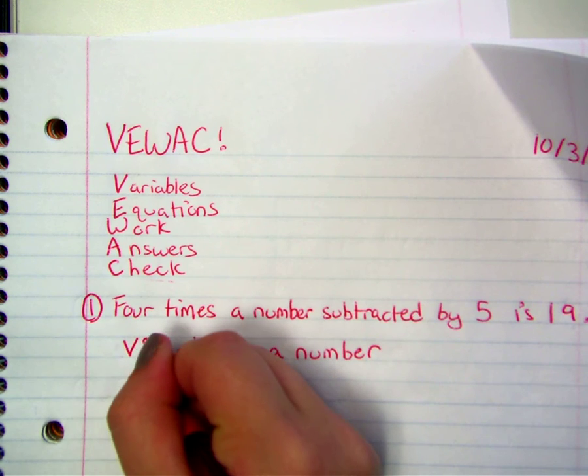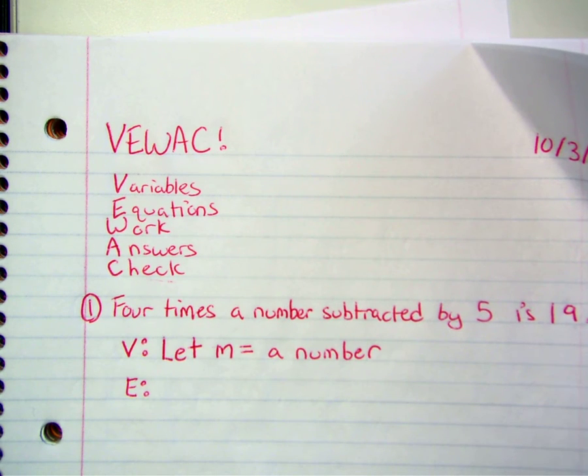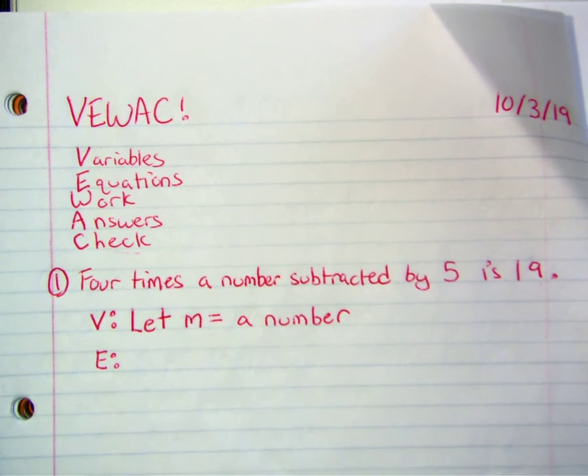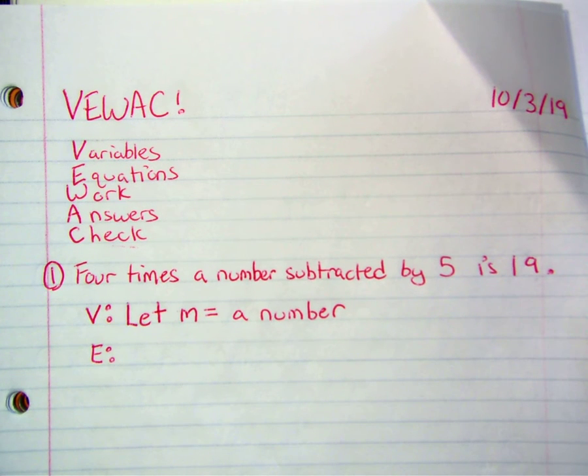E is your equation. So what I want you to do is take a minute, pause the video, and see if you can write your own equation here, and then we'll confer. Alright, thank you. So let's break this down.